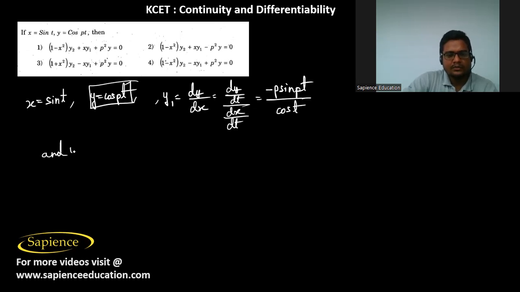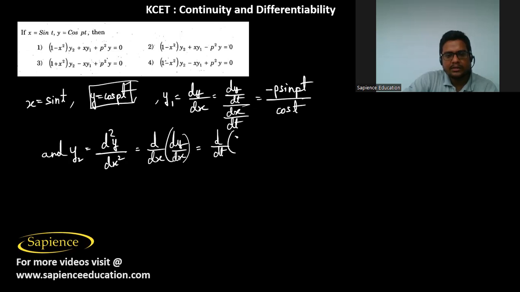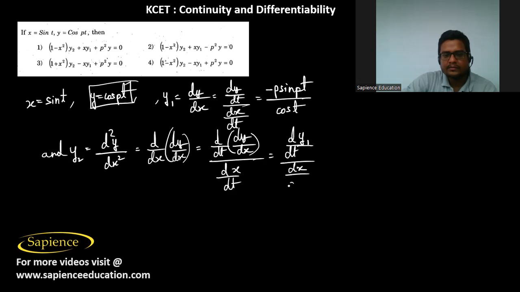And y2 means it is d square y by dx square, which is d by dx of dy by dx. Or we can say this will be equal to d by dt of dy by dx divided by dx by dt. Okay, so this will be d by dt of y1 divided by dx by dt.